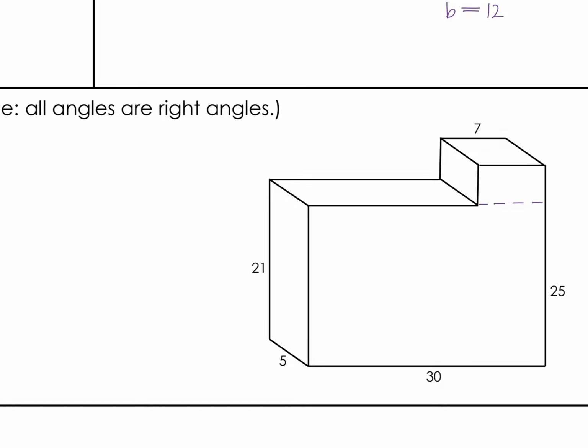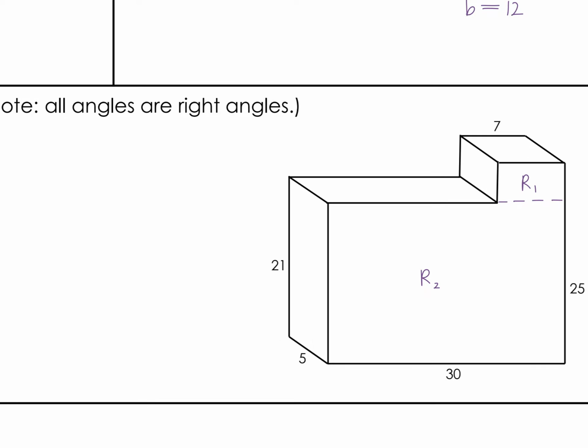It's completely up to you. I'm going to go ahead and show you where we are just using it as one. And so I'm going to call this my rectangle 1 and my rectangle 2. So I'm going to find my capital B, my area of the base, by just identifying those two areas.